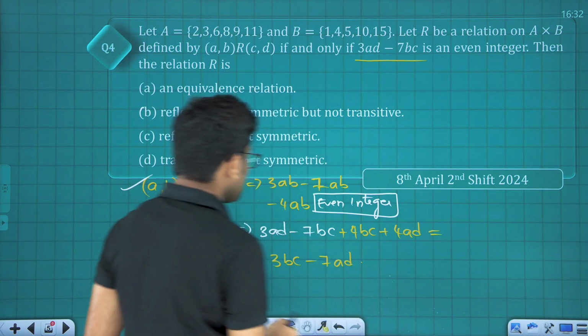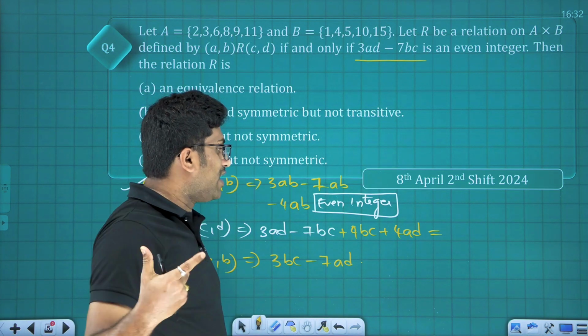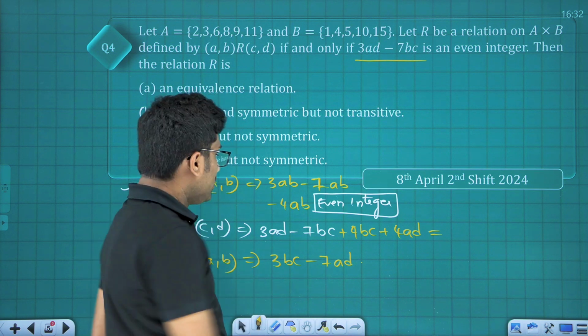Now clearly this should be an even integer, correct? We have added 4BC and 4AD to this.